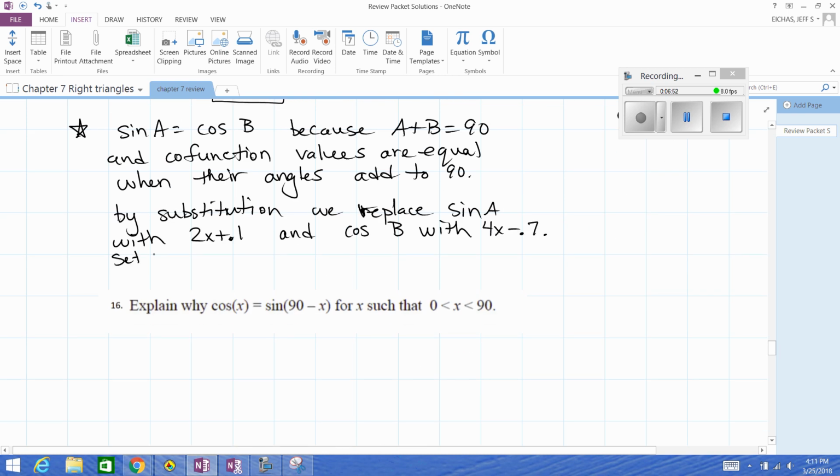So set those equal and solve. Get x equals 0.4. Very challenging problem, but we can handle it.